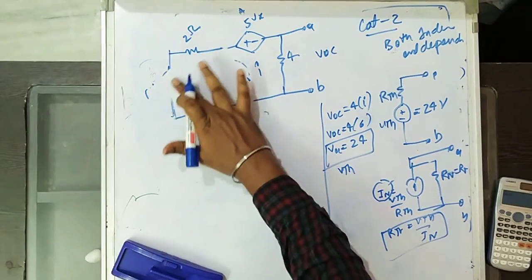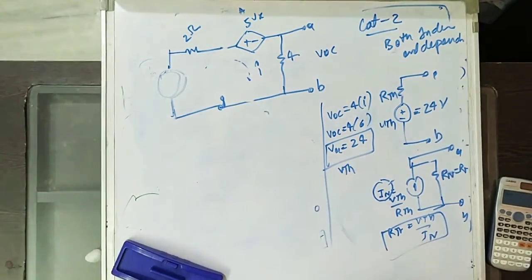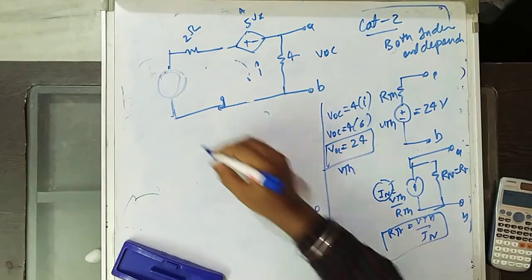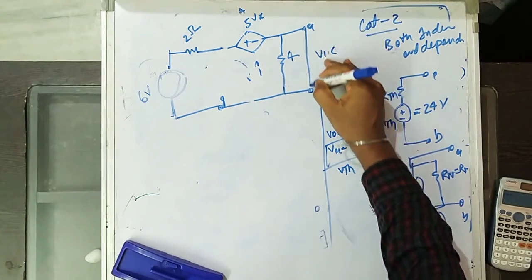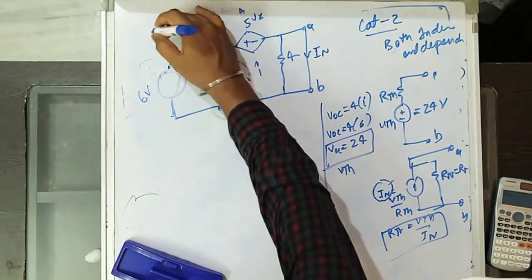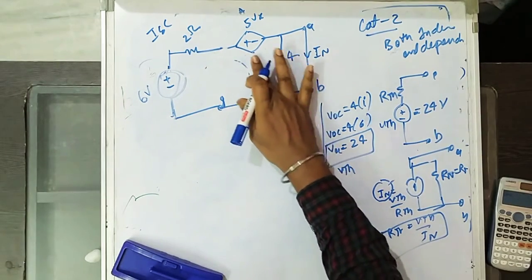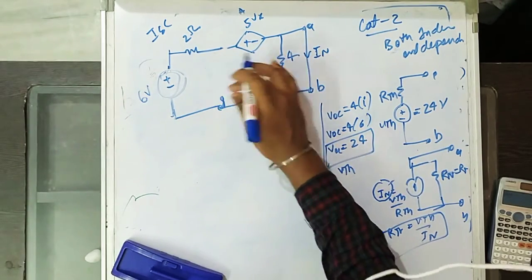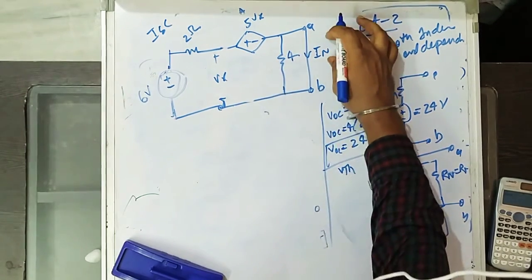So finding IN is important here. We will find IN by replacing the same circuit here, with the 6 volts. We will short here for finding IN. IN means ISC, the short circuit current. This is Vx here. Now we will find IN.